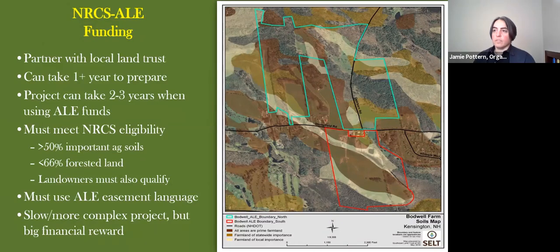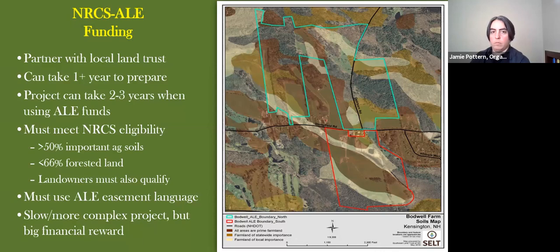The project needs to meet certain eligibility requirements. Some of the basic requirements are at least 50% of the property needs to have important farmland soils. No more than 66% of the farm can be forested. And the landowners also need to qualify for NRCS payments. It's considered an eligibility requirement and something that you'll want to work closely with the land trust or NRCS about.